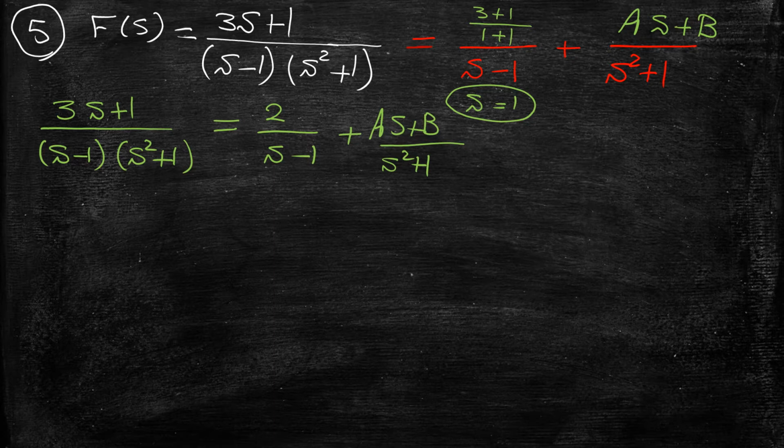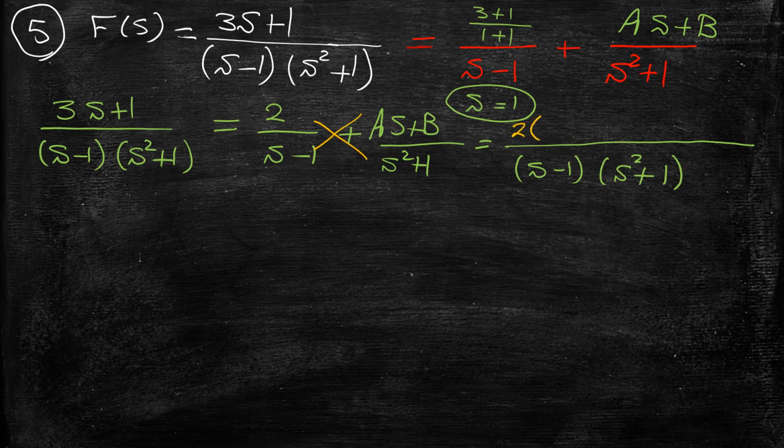Just take the common denominator again, which will be (s minus 1)(s squared plus 1), and right now you can see it as cross multiplication. So we have here 2(s squared plus 1) plus (as plus b) multiplied by (s minus 1).